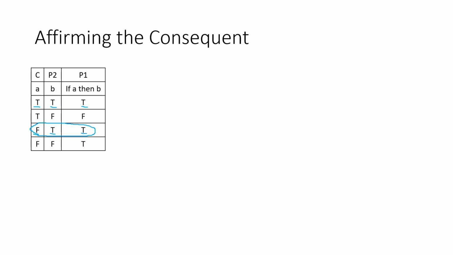Remember, the definition of validity is that it is impossible for the conclusion to be false while the premises are all true. And that's exactly what's being shown here. So if that's ever possible, which it is because there it is on the truth table, then the argument is invalid. So affirming the consequent is, as we know, invalid.